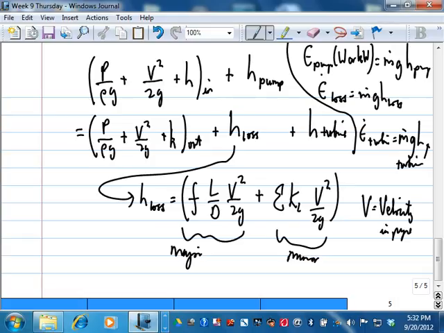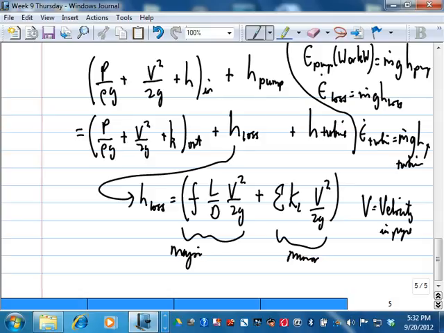So in 1 diameter length of pipe, the number of units of kinetic energy loss. So if F equals 1, it means in 1 diameter length of pipe you lose 1 unit of kinetic energy. Normally you never get that high. Normally 0.02 or 0.01, something like that. Units of kinetic energy loss per unit length of pipe. So that's F.